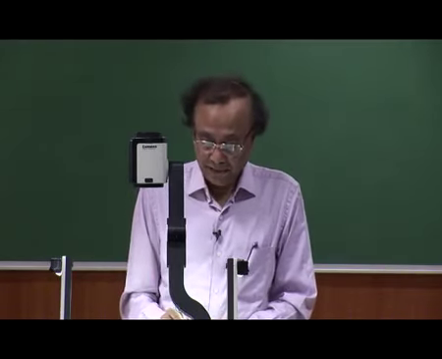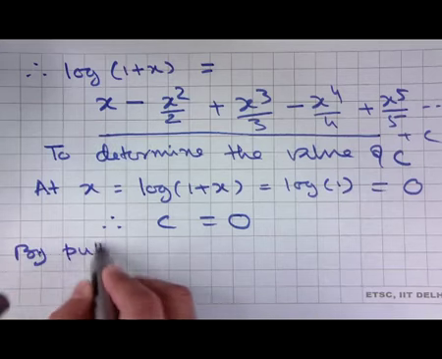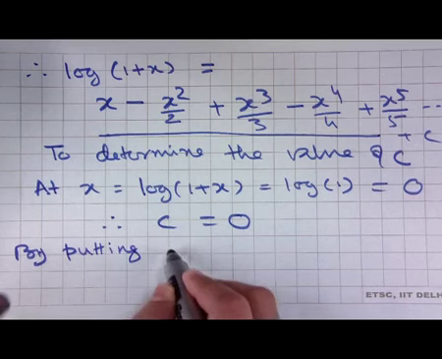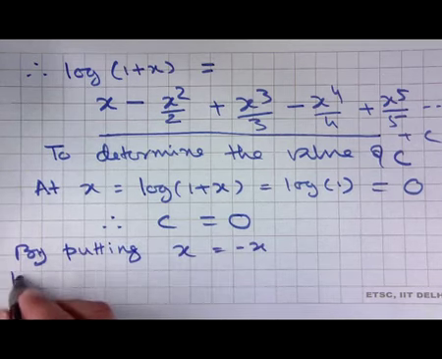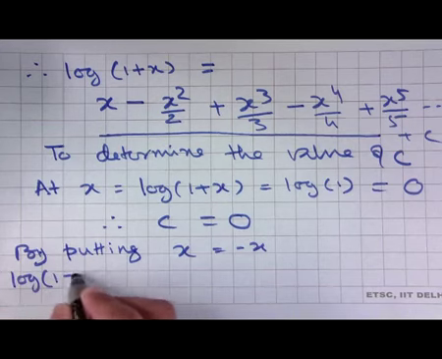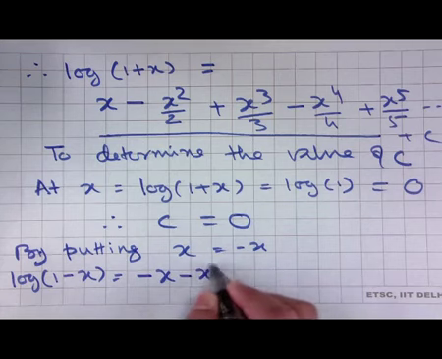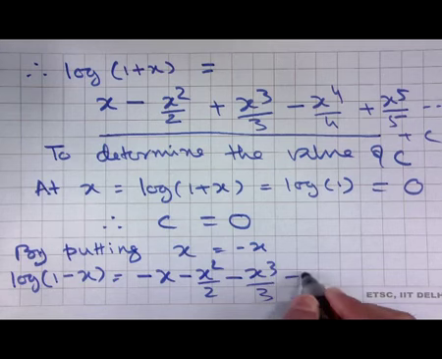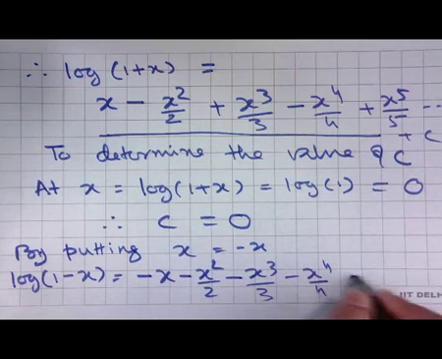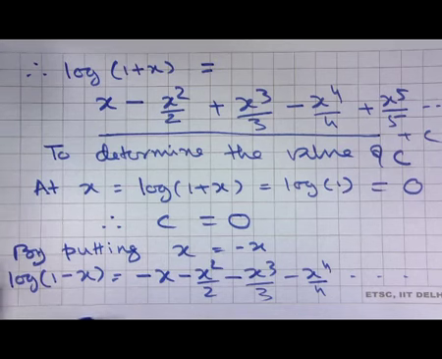Now, by putting x is equal to minus x, we get log of 1 minus x is equal to minus x minus x square by 2 minus x cube by 3 minus x to the power 4 by 4, etc. That is, all the terms here come out to be negative.